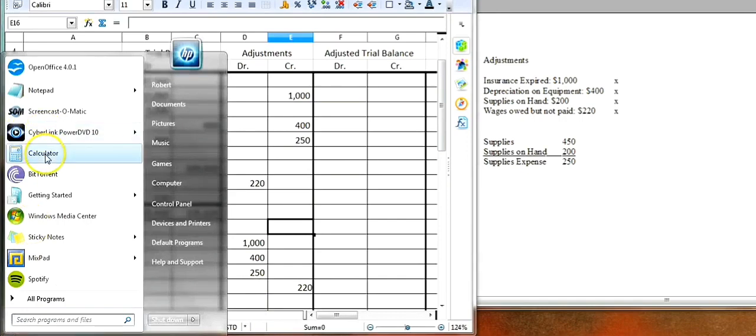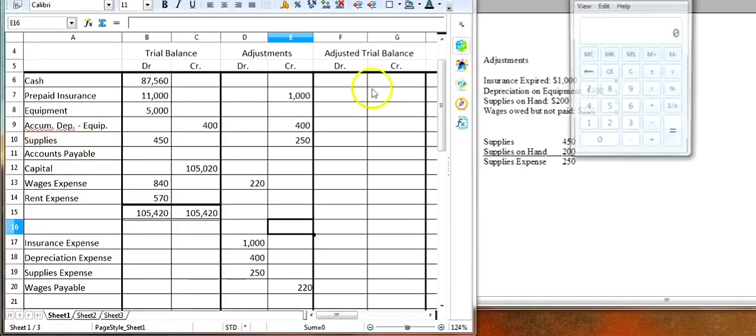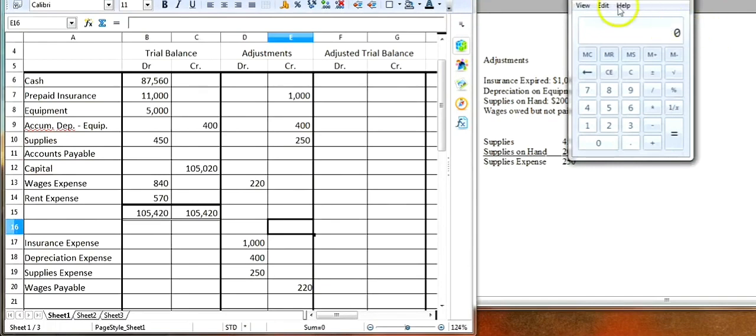Now this is a separate spreadsheet program, and I could put a formula down in here, but I just want to show you because some of my students work on paper. Here we go, I brought my little calculator.